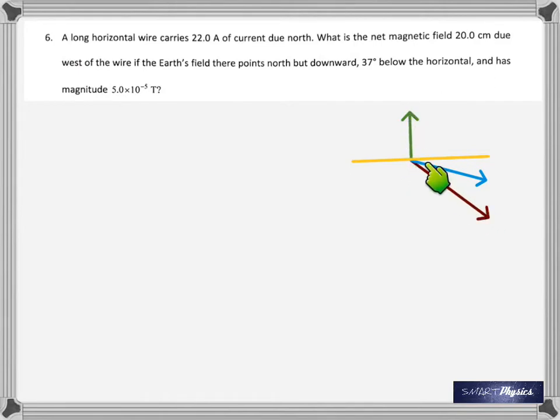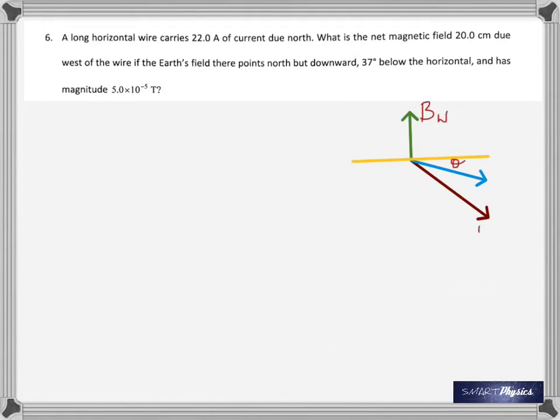You have to find the resultant of these two, which is going to be this. How do you find the resultant? You'll have to break this into two components. You will get a vertical component here and a horizontal component. Then you will have to take the resultant of the two vertical components and then use the Pythagorean theorem to find the resultant.